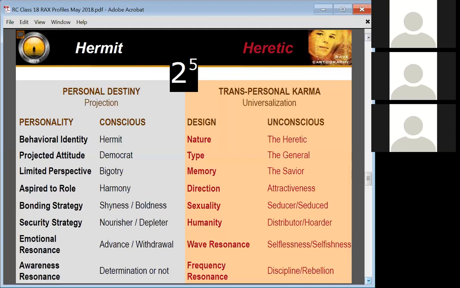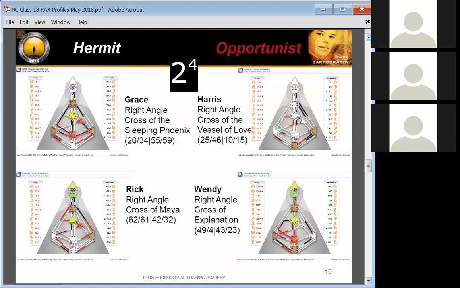So if we were to take a look at some, again, differences, I'm going to go back a slide and just say, here we have the natural Democrat who seeks harmony with those he or she befriends and shyly confides in and feels nourished by, but also knowing when to withdraw, when to seek aloneness, when feeling fatigued by those who are becoming too dependent and not offering opportunities for them to benefit from.